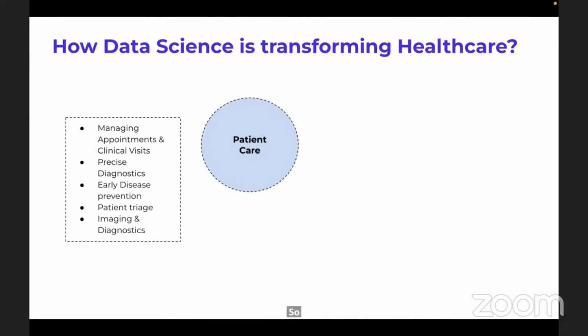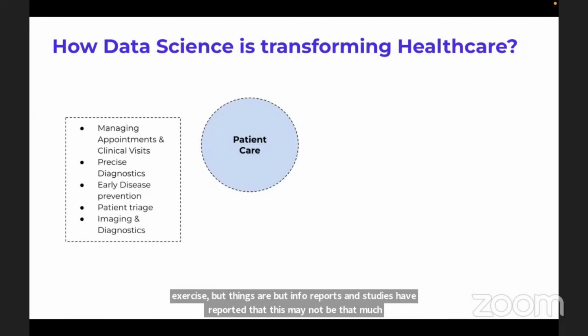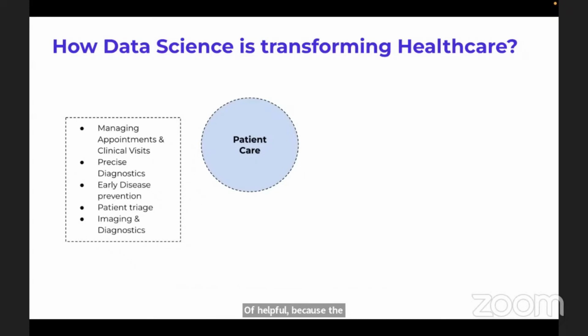Somebody is diagnosed with type 2 diabetes, and the physician tells the person to modify the lifestyle, do some diet restriction and exercise. But reports and studies have shown that this may not be that helpful because the pathology and the damage has already been done.